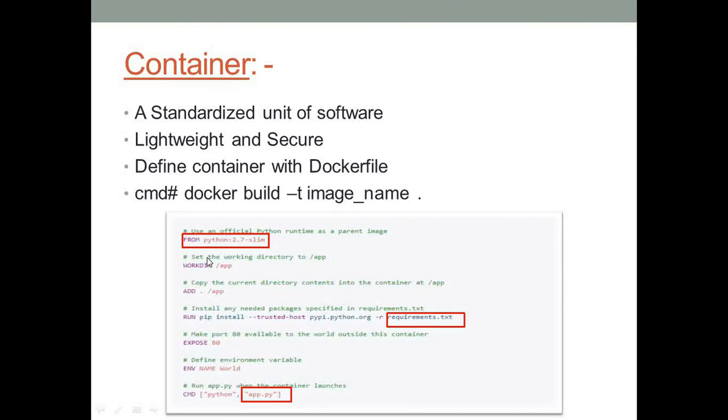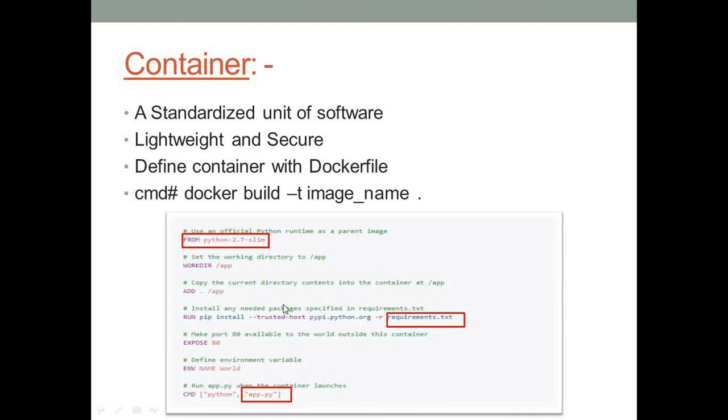If we look at this snapshot, you can see it starts with FROM python:2.7-slim. So what is it going to do? It is first going to download an image of Python 2.7 from hub.docker.com. This is a parent image, and then it goes to the /app directory and builds an image from whatever is in /app.